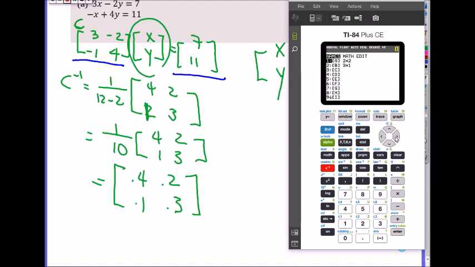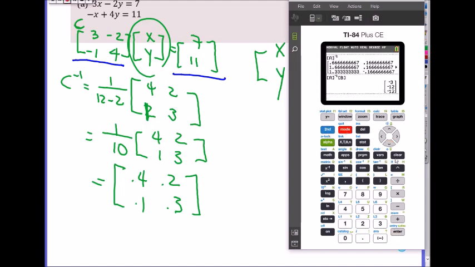Second matrix, edit. For B, let's put 2 by 1, 7, 11.